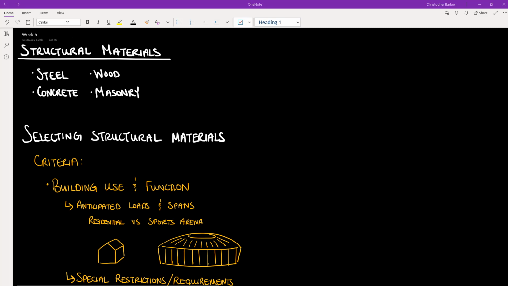Of course, there are many criteria that structural engineers consider when selecting materials, and the relative importance of these criteria will vary from project to project and from engineer to engineer. I've done my best to compile what I would consider to be the most important criteria for all projects, but keep in mind that all guidelines that I will be laying out in the next few weeks of this course are very general guidelines.